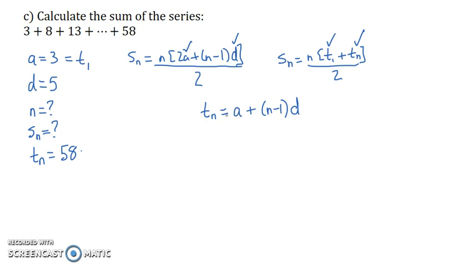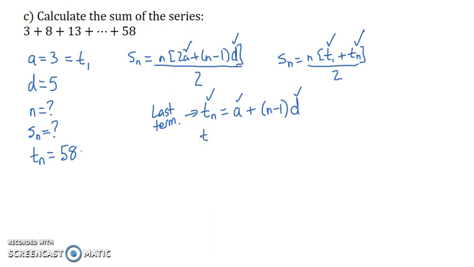And so in that case, what we have is you could say, I know a, I know d, and depending on what term number I'm trying to solve for, I know what that is. And so I know what the term value is of the last term. Tn is the last term. And so I could solve for the last term, and once I find that last term, I could then substitute that into the second equation I've written up above.